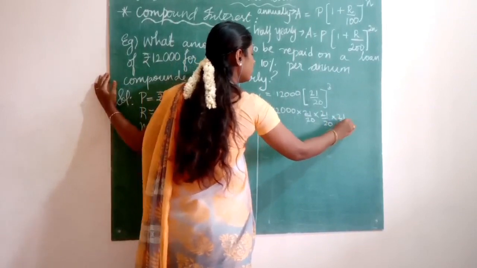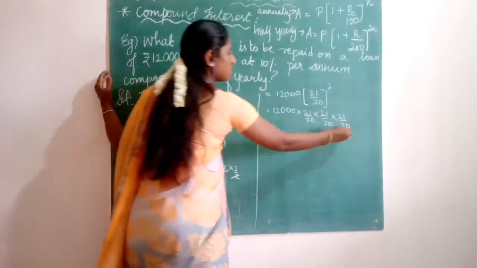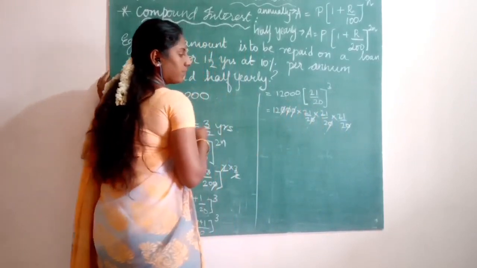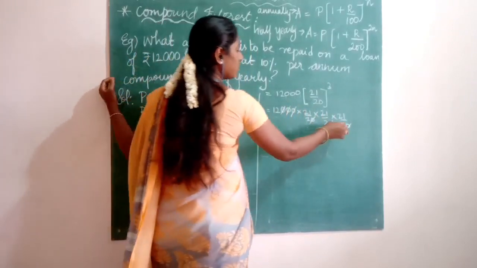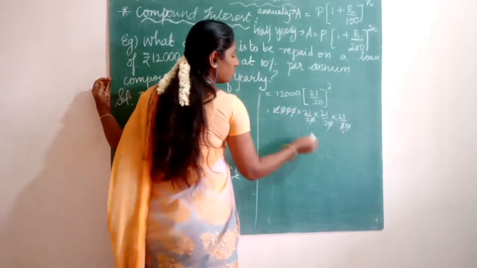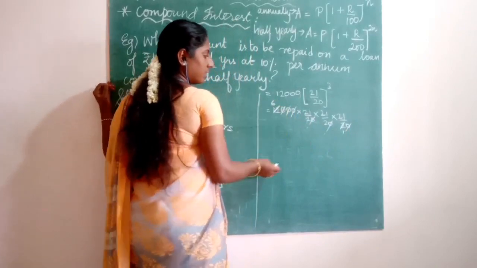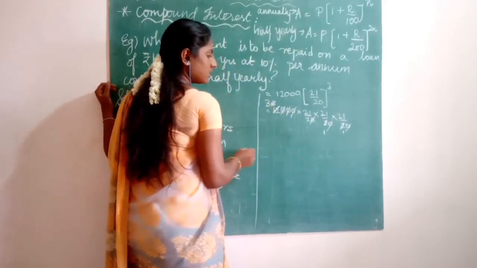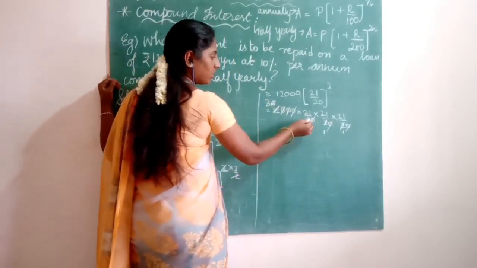Whole power 3 is given, right? So 0, 0, 0 cancel. And you can cancel 2 and 12. 2 ones are 2 and 2 6s are 12. And 2 ones are 2, 2 3s are 6. And further you cannot cancel this 2.